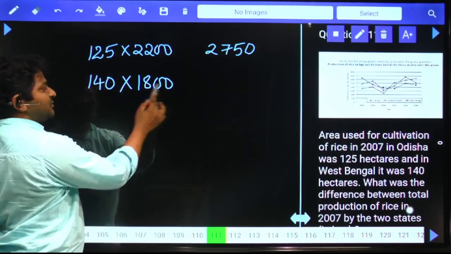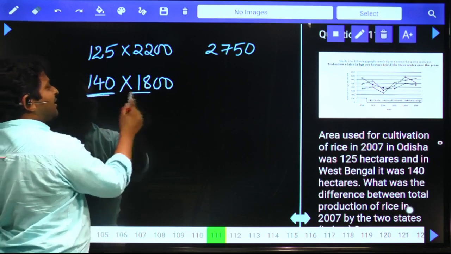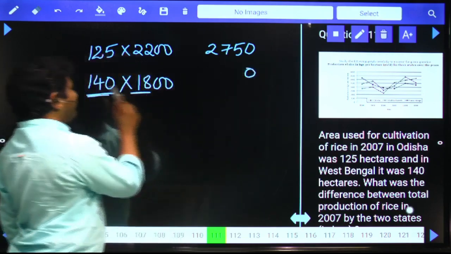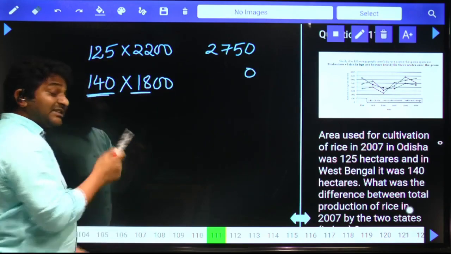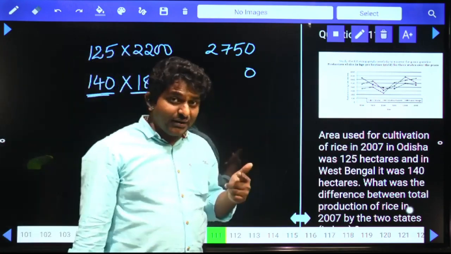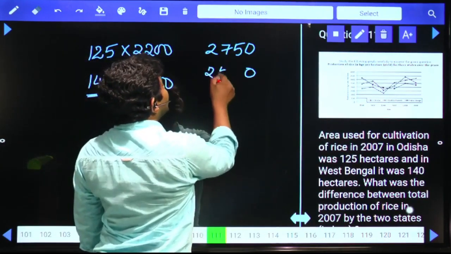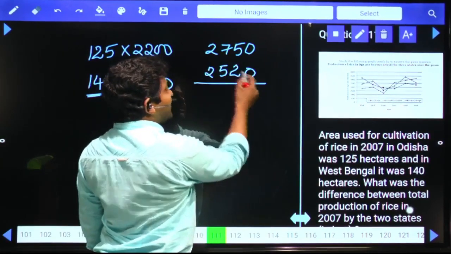And here also we have 2 zeros. 140 into 18. As you have 0 here in 140, I am writing 14 into 18. I'll treat 14 as 16 minus 2 and this as 16 plus 2. 16 square minus 2 square. 256 minus 4. 252. And you are asked to calculate the difference here.